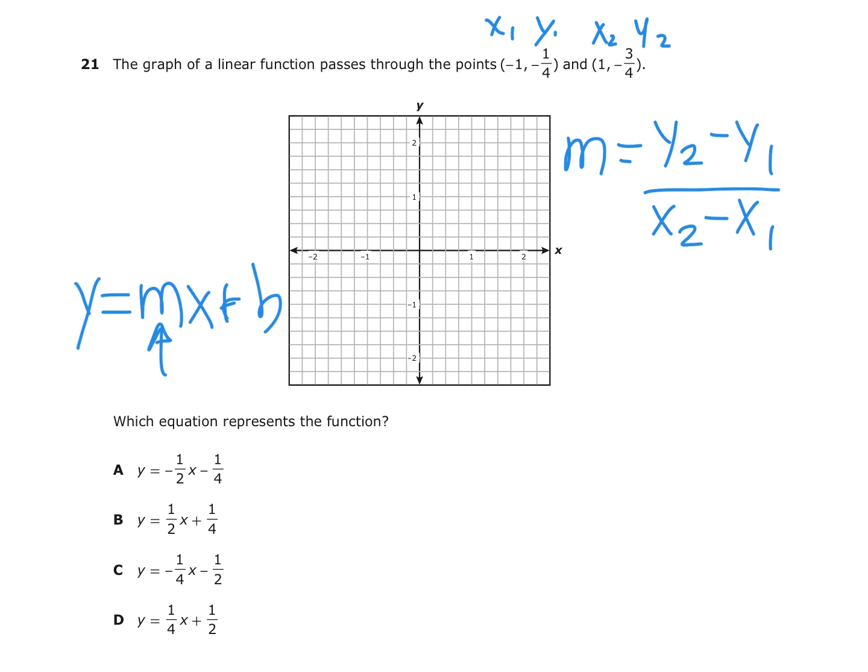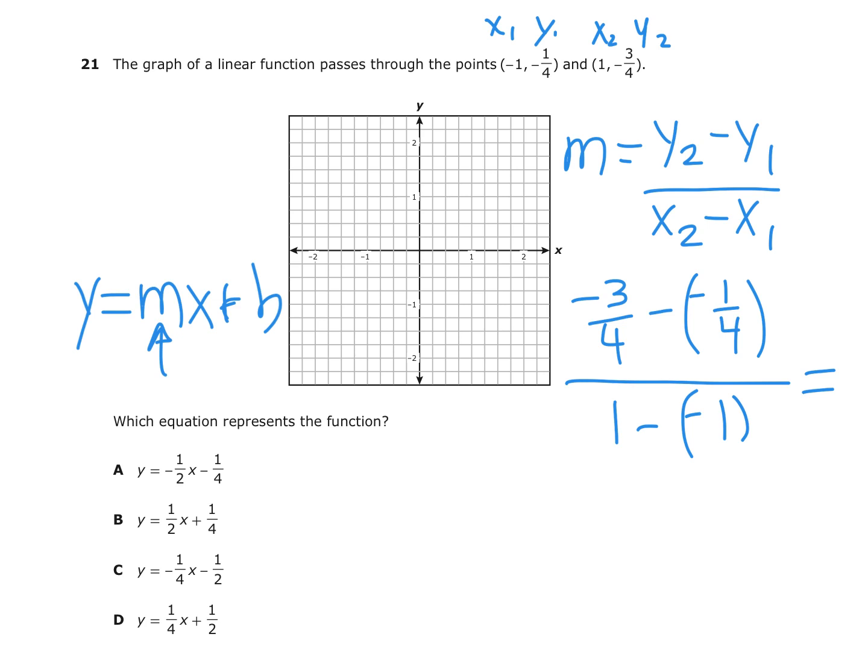So we're going to subtract y2 minus y1, that would be negative 3/4 minus a negative 1/4, all of that over x2, which is 1, minus a negative 1.